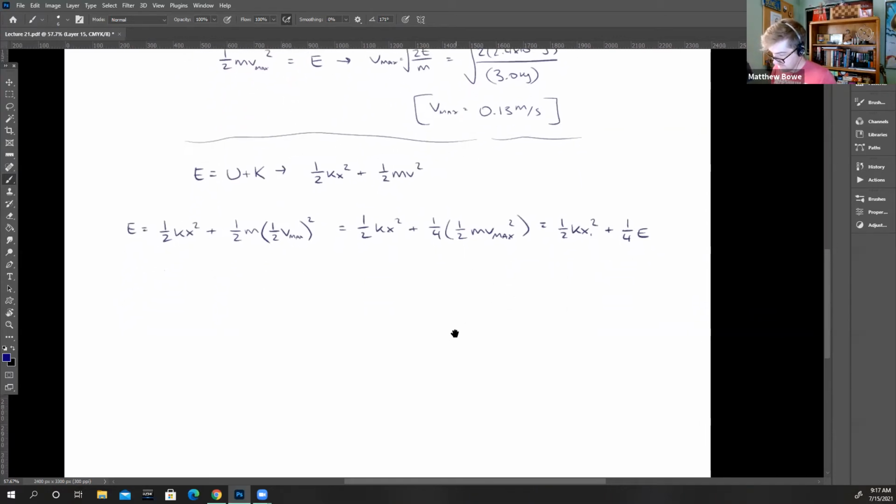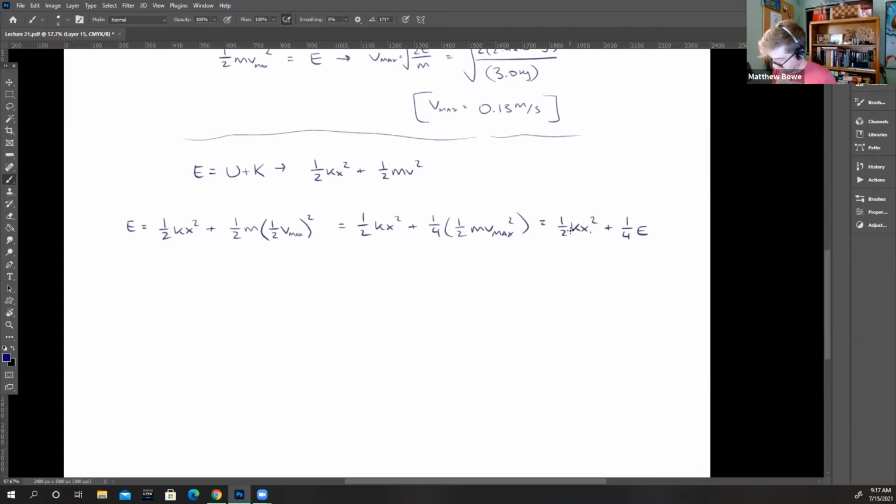All right, what else? E equals 1/2 k x1 squared plus 1/4 E. Let's rearrange this so it'll be a bit more clear what we're solving for.